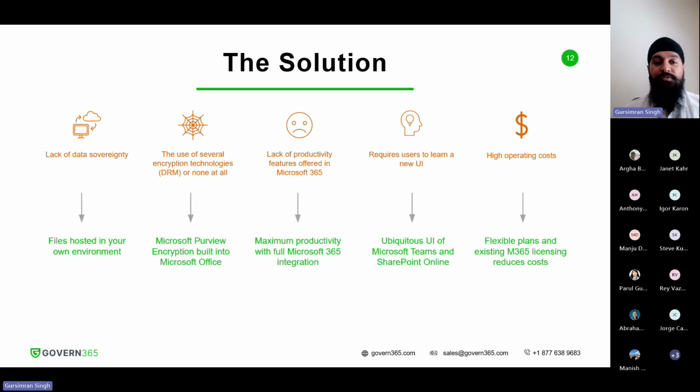And how we alleviate those challenges and solve those problems is that the lack of data sovereignty issue is a moot point, because we're hosting content in your own tenant. We deploy Govern 365 in your organization, and it sits on top of your Azure tenant. It harnesses SharePoint Online as a database, and you actually are in control of all your content. It never leaves. It never comes into the Govern 365 database under any circumstances.